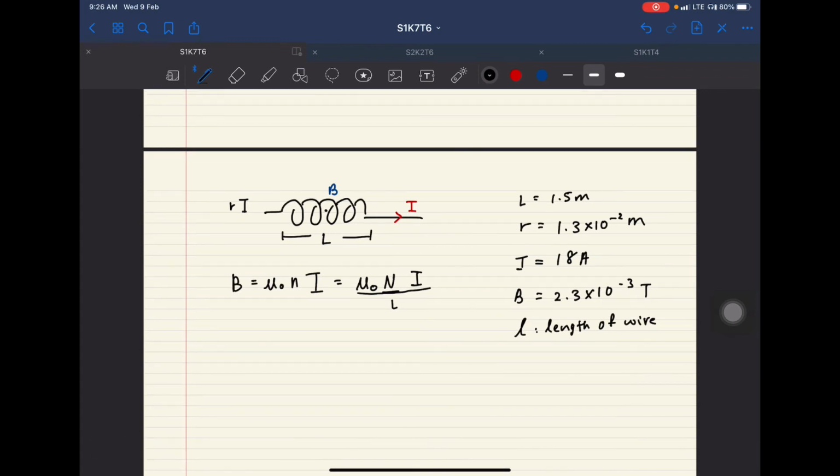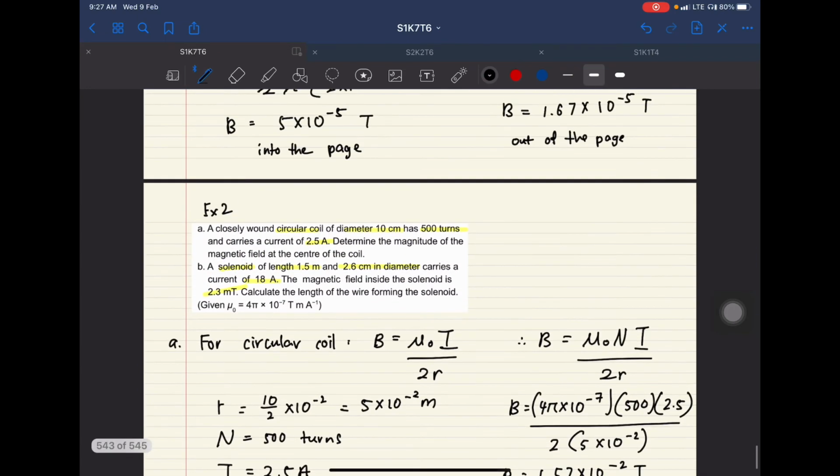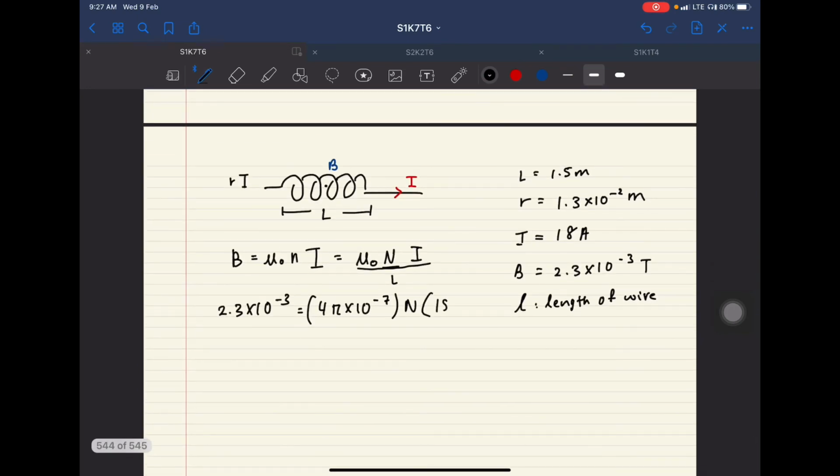B here is equal to 2.3 pi times 10 negative 7, so you can find n. I is equal to 18 A, is it 18? Yes, 18, I just double checked. And L is the length of the solenoid, which is 1.5 meter. So I can rearrange everything and solve this one.